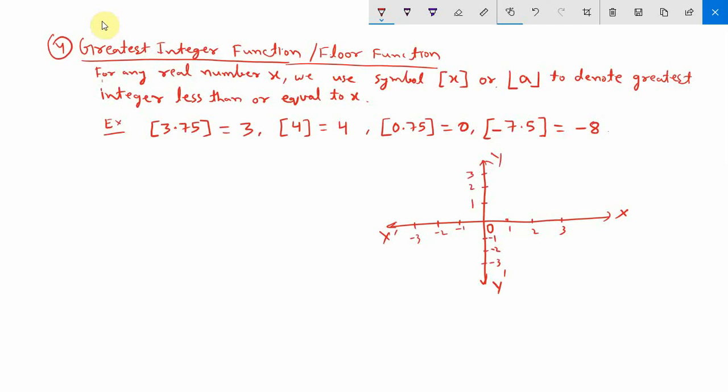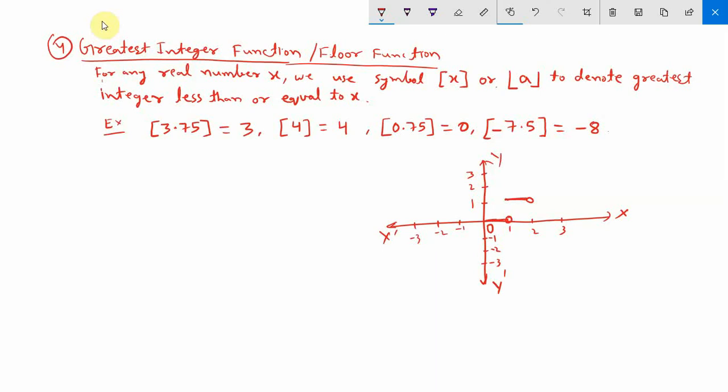Okay, so for the greatest integer less than 1, if 1 is not included, the number is less than 1, the value will be 0. If the number is greater than or equal to 1 but less than 2, it will be 1. So 1 is included here.